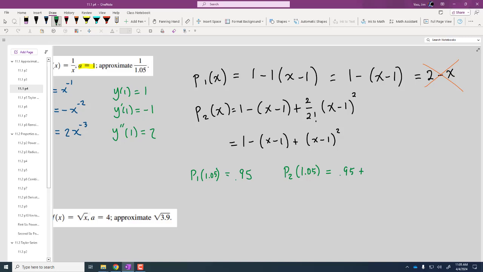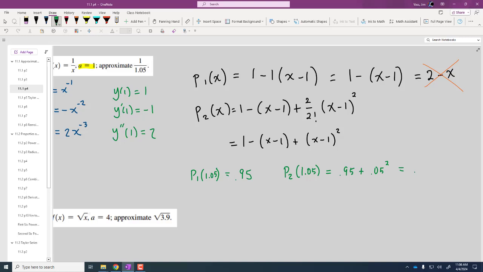So 0.05 squared, everyone agree with that? And then plug that into your calculator. Someone plug it in. So 0.95 plus 0.05 squared. What do you get for that whole thing?